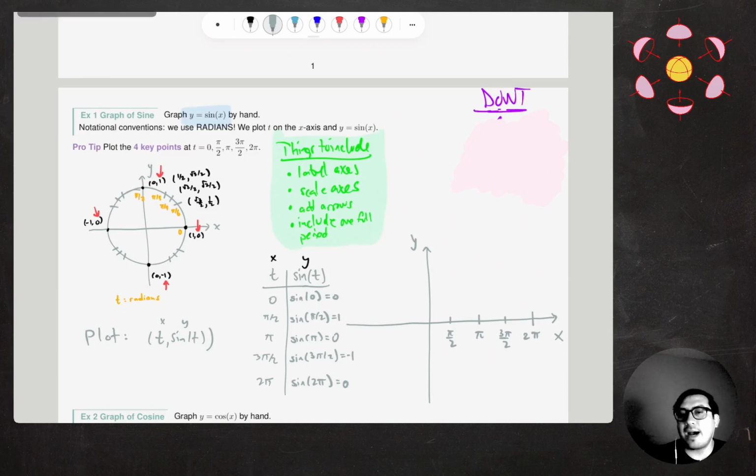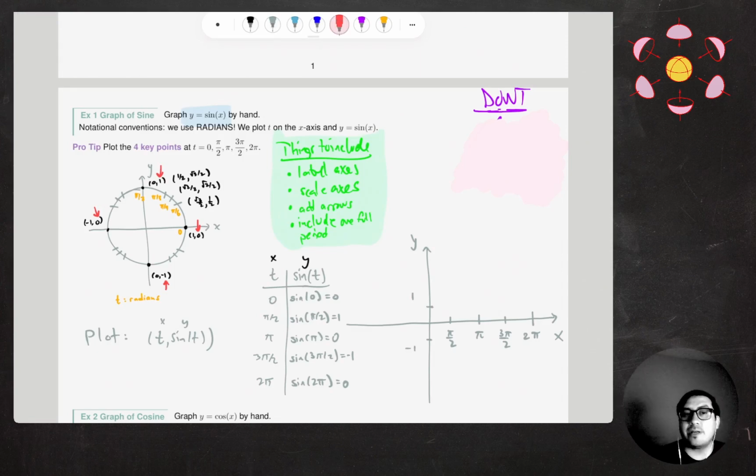Remember, pi is approximately 3.14. So if you divide that in half, it's about 1.57. So from 0 to pi over 2, it's already 1.57. So if I'm going to try to be somewhat accurate, I'm going to label my 1 and -1 like this. All right.